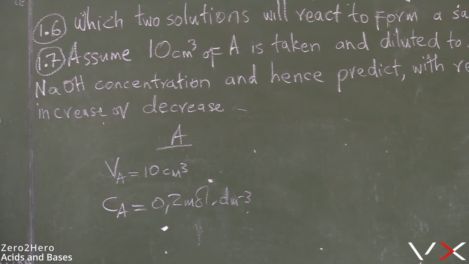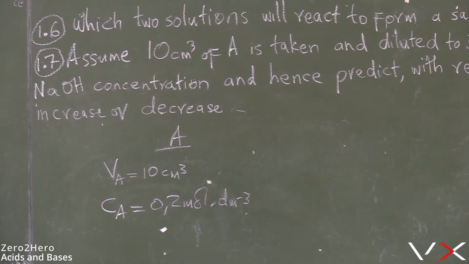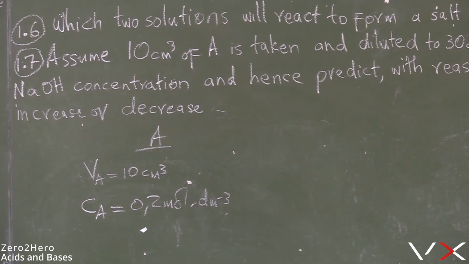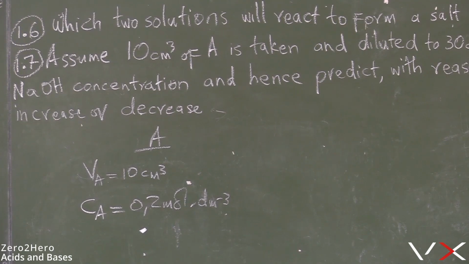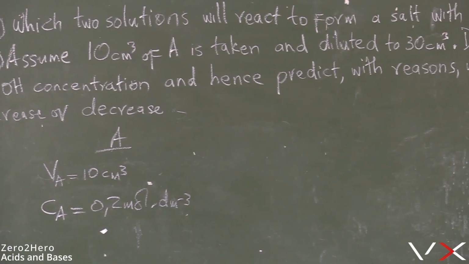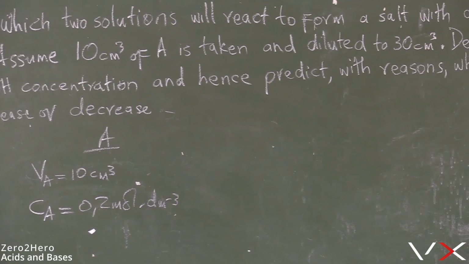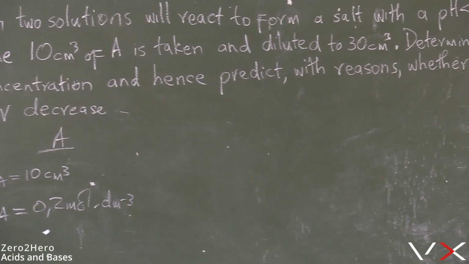So we have 10 cubic centimeter, and a concentration of 0.2 mole per decimeter cubed, and it is diluted to 30.